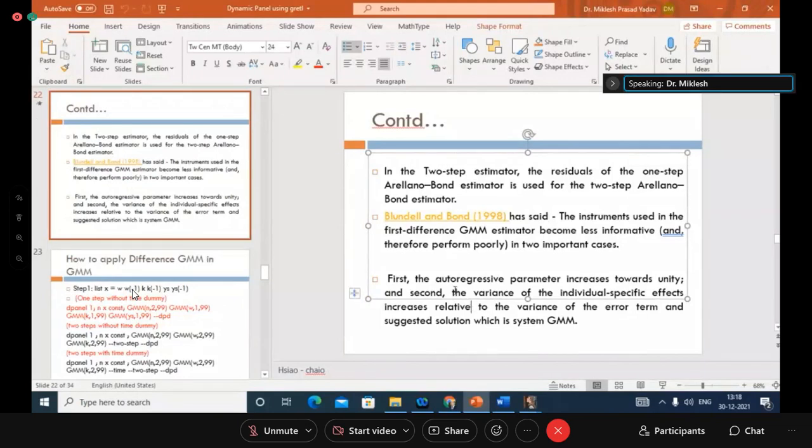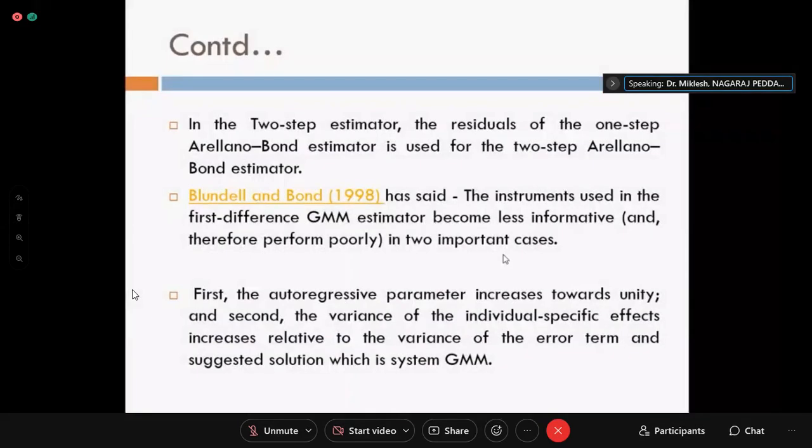Second weakness is the variance of the individual specific effect. Can anybody tell me? Individual specific effect means what? Heterogeneity, or alpha i, isn't it? So it says two problems are there. The first, the coefficient of AR parameter increases towards unity.